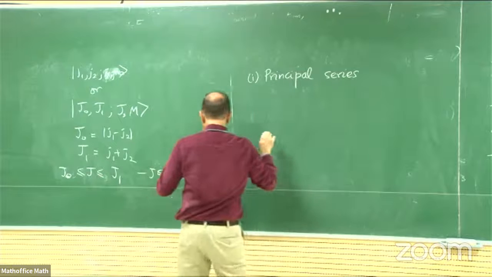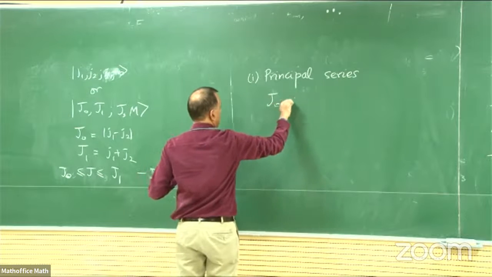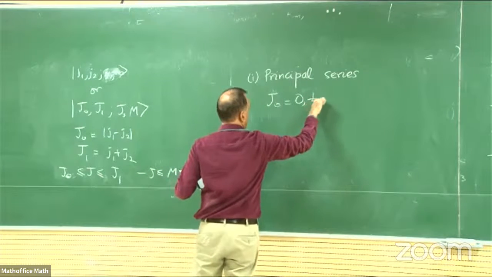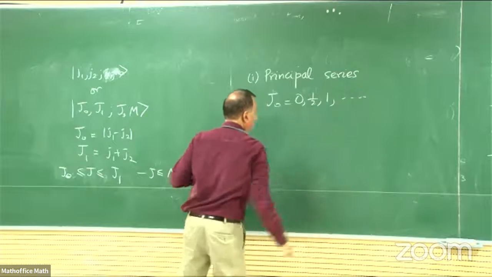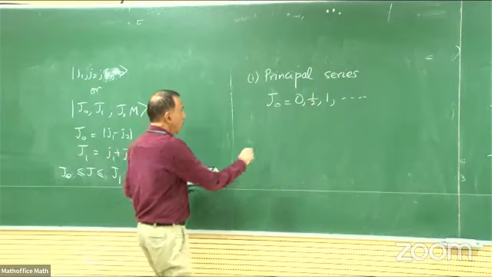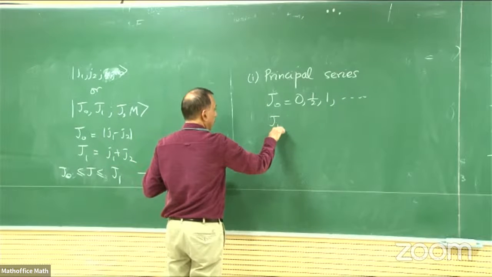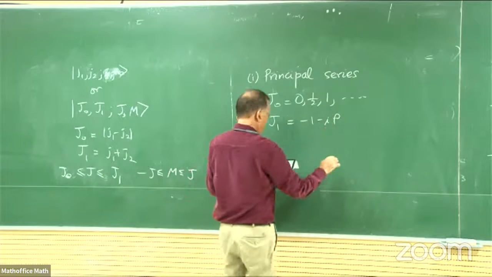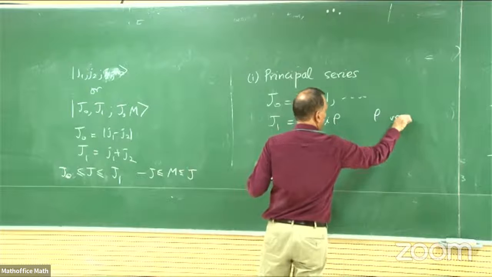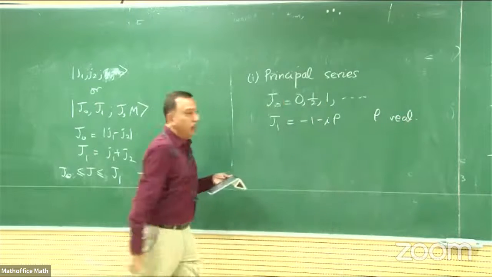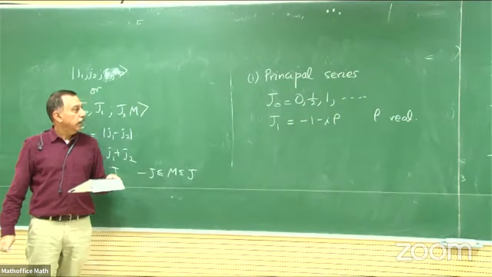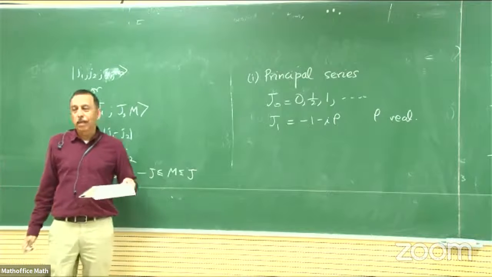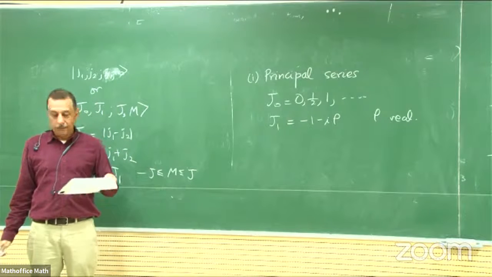And in this series, J0 takes the values 0, half, 1, okay? And J1, however, takes the values -1 minus i rho, where rho is real. So now you see that J1 is no longer integer or half integer, and it's not even real, it's complex.